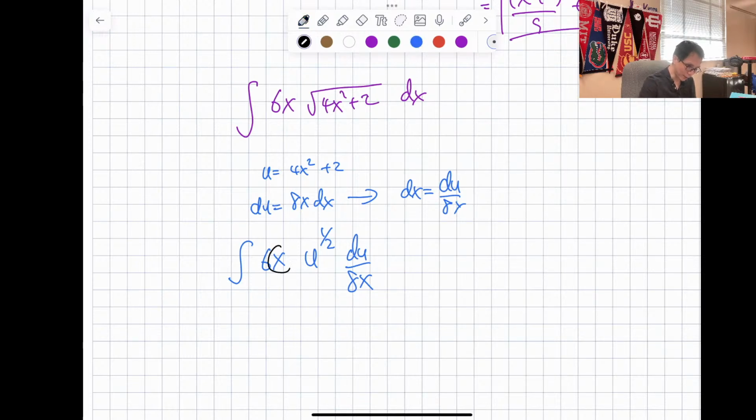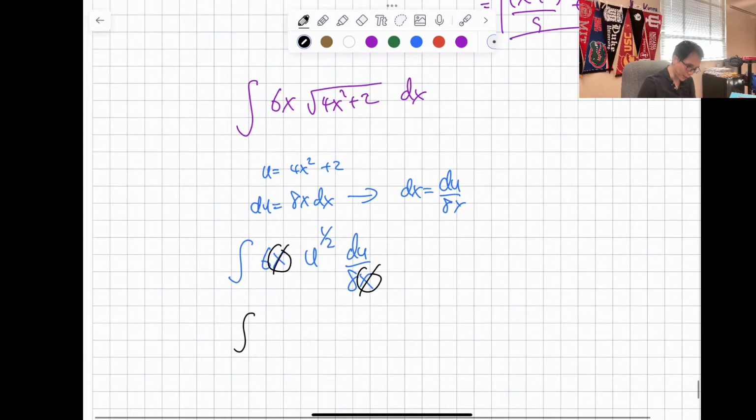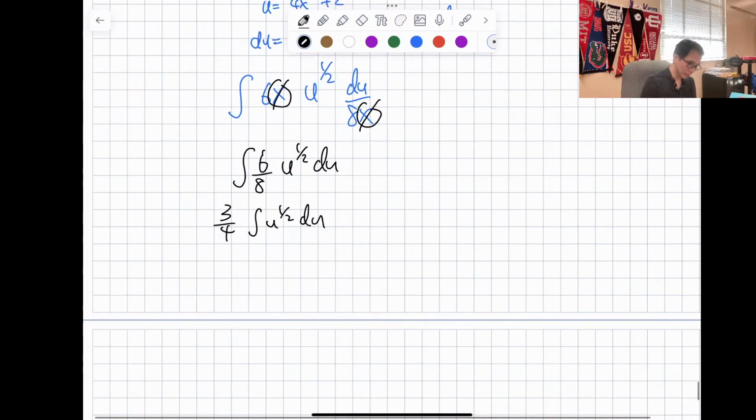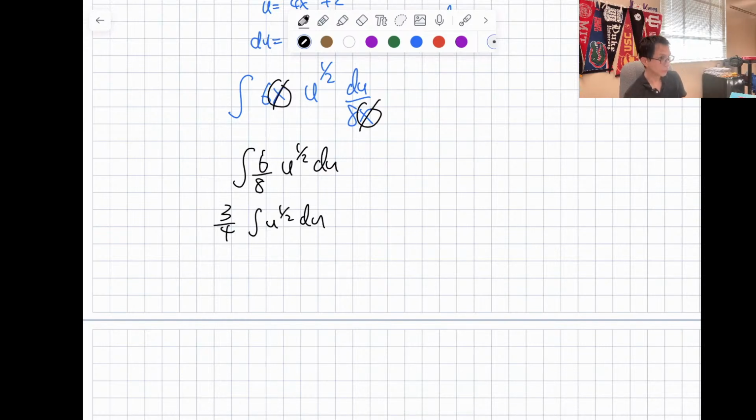So that is fine. So the x and the x cancel out. So then you have integration of 6 over 8, which is 3 over 4, u to the 1/2 du. Now I told you that 6 over 8 is much better to take outside. Does that make sense? Only the x needs to cancel out.